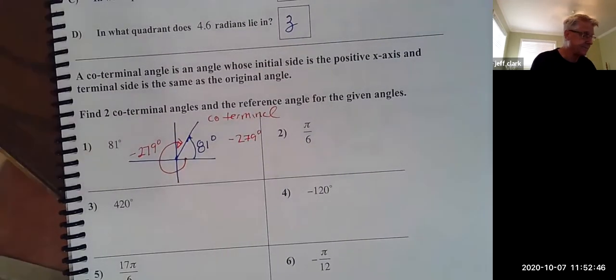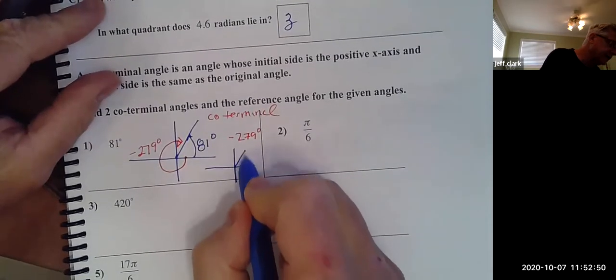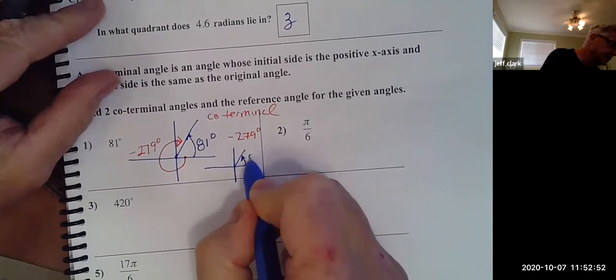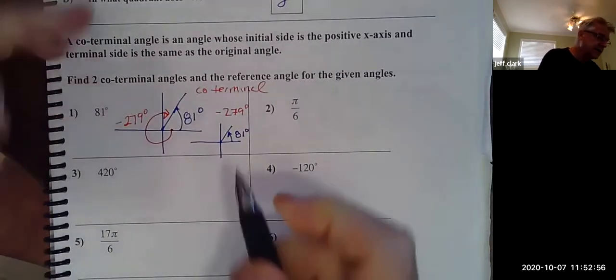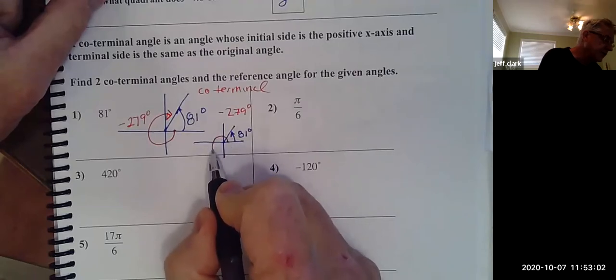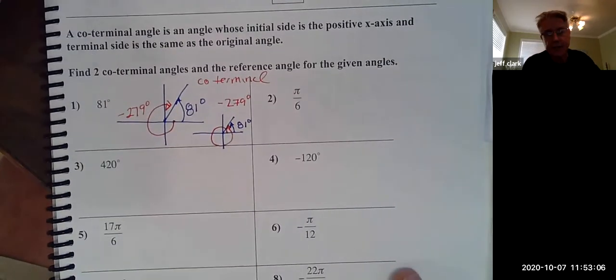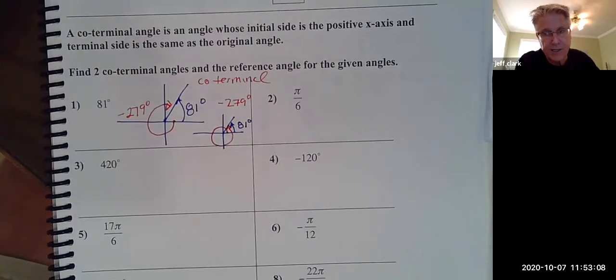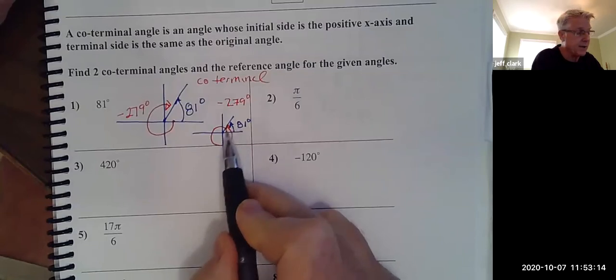Here's another one. 81 is still there. As long as it starts at the same place right here and ends here, it's called coterminal. So I'm going to loop around this way, which is positive, and stop right there. I just looped around 360 degrees, a whole revolution, and continued with another 81 and stopped right there.